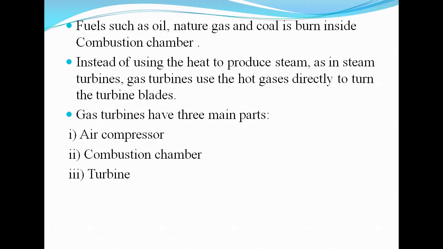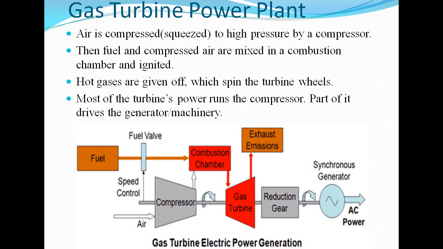Now a gas turbine has three main parts, that is the air compressor, combustion chamber, and turbine, that we have already seen. Air compressor, then combustion chamber you can see here, and this is the gas turbine.